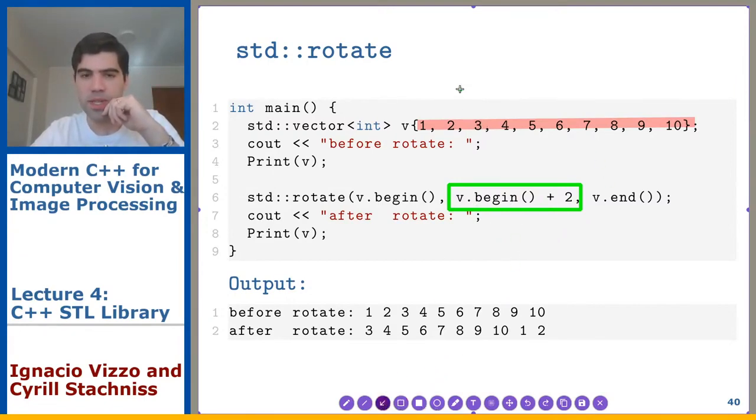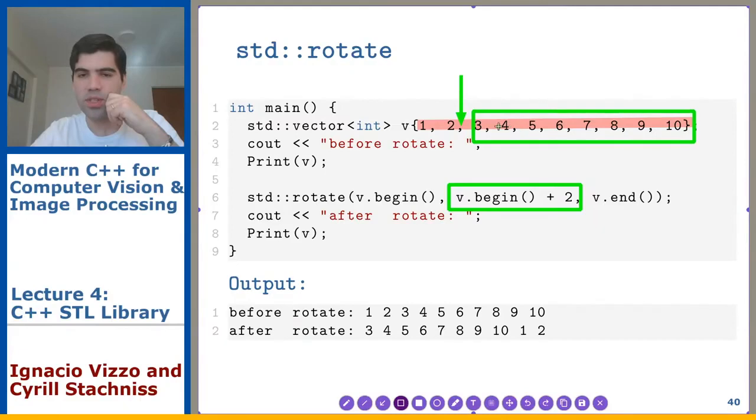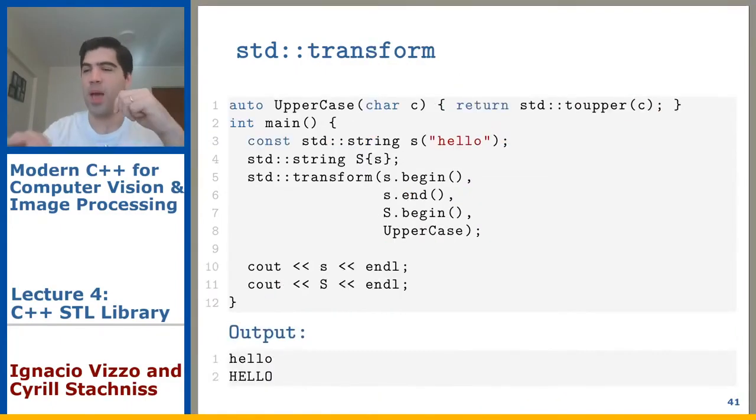This is basically pointing to this place right here, and then you will rotate from this point. If you see the output after the rotation, it will start from 3, 4, 5, and so on, and then 1, 2. If you try this at your place, you will see that the results are correct. I'm going super fast because the idea is to give you a quick overview of what you can do, and not to really explain how this is implemented.